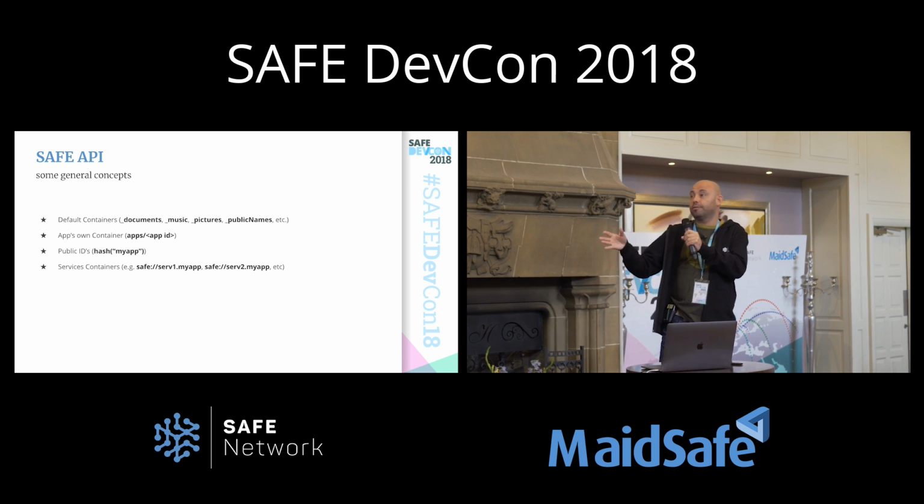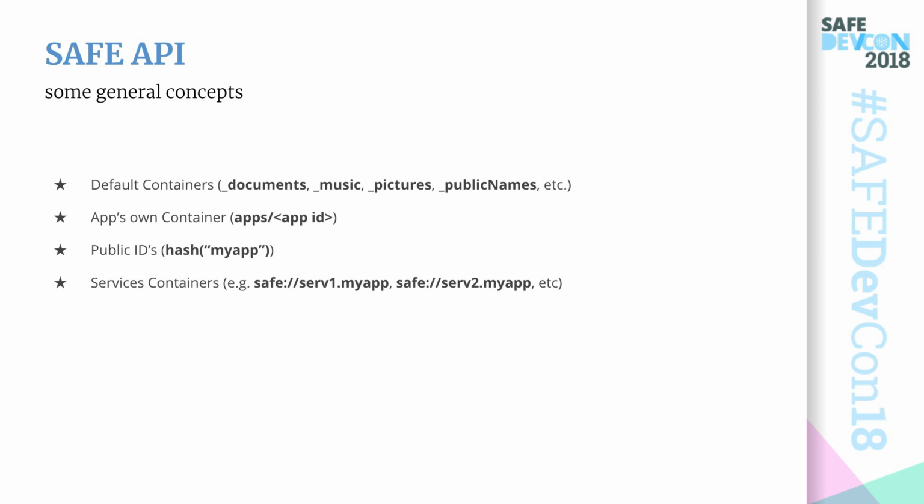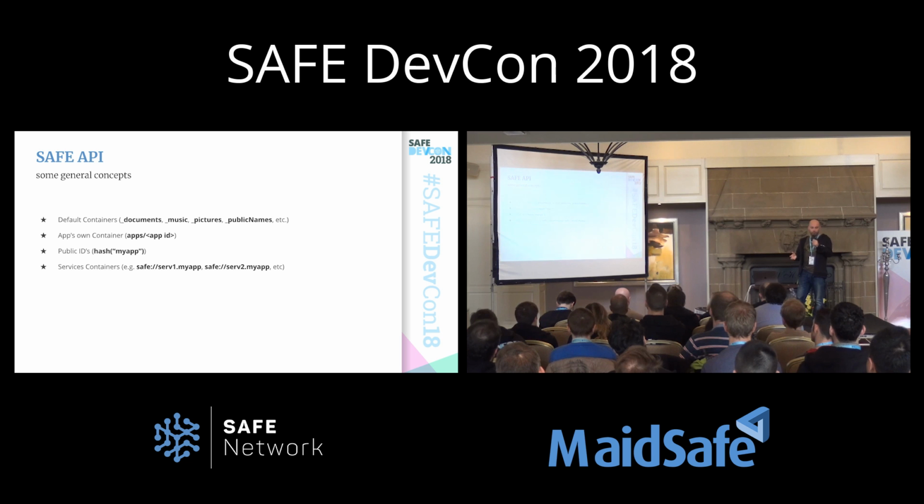So some general concepts. Every account on the Safe network has, when it's created, a default set of containers. These are meant for applications to store different types of files, the same way you would store music files in other operating systems or devices.